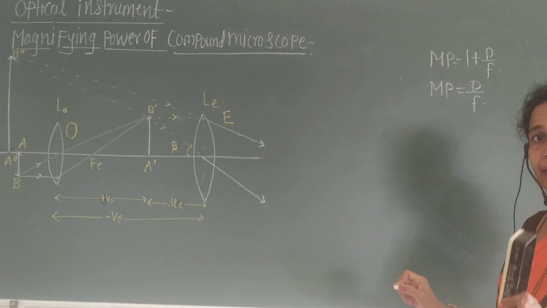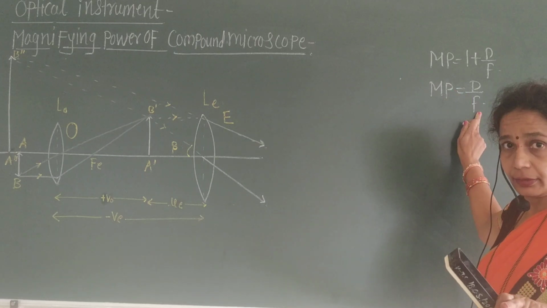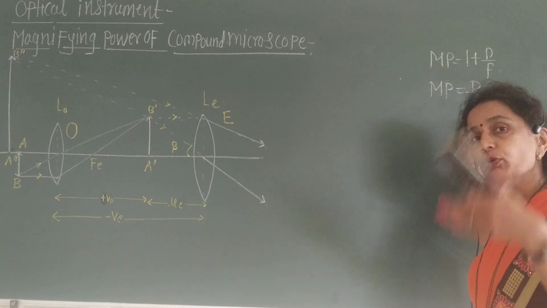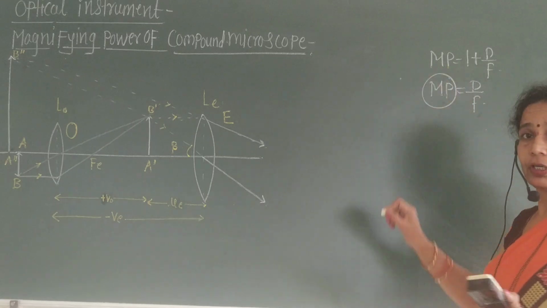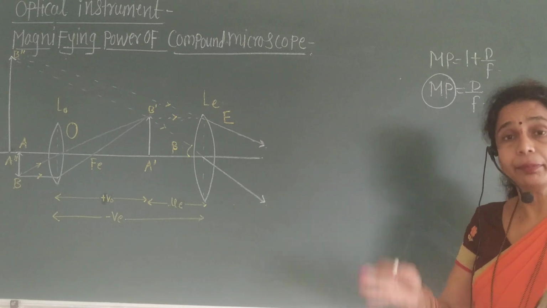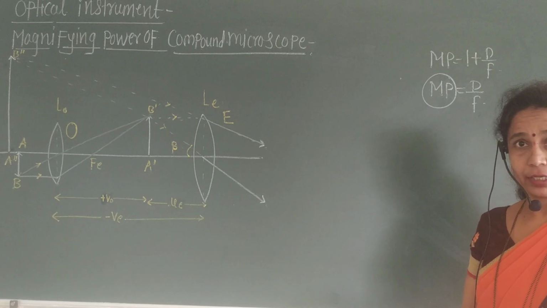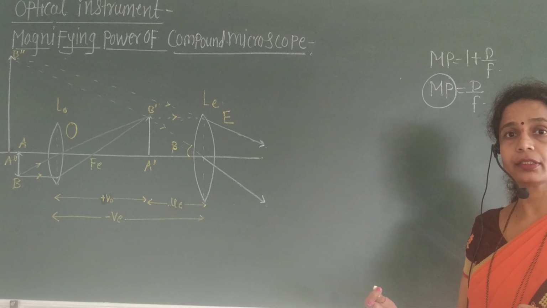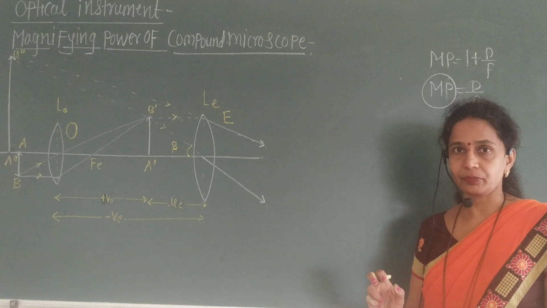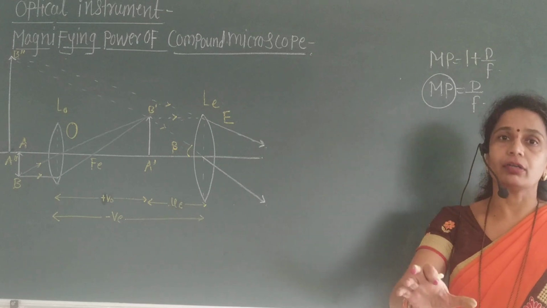This means the magnifying power of a simple microscope depends upon the focal length, and it is inversely proportional to the focal length. If you have to increase the magnifying power, the focal length should be decreased. But there is some limit to which the focal length can be decreased. How much can we decrease the focal length? Because with a small focal length, the lens becomes thicker and various defects of the lens occur.